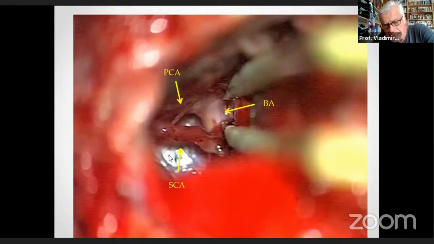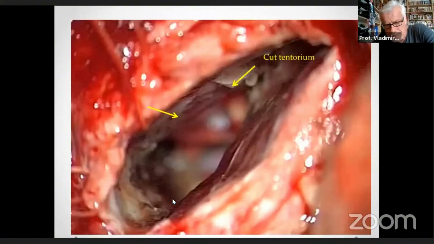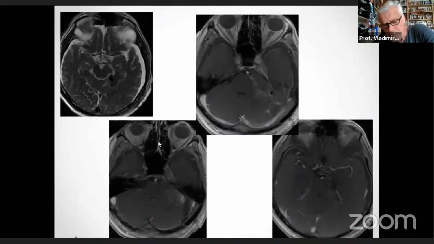This is the basilar artery, and you see again that the Liliequist membrane is the border which the tumor very hardly crosses. So despite the fact that we were throughout the surgery in four cisterns, we were really stopped by this arachnoid membrane.